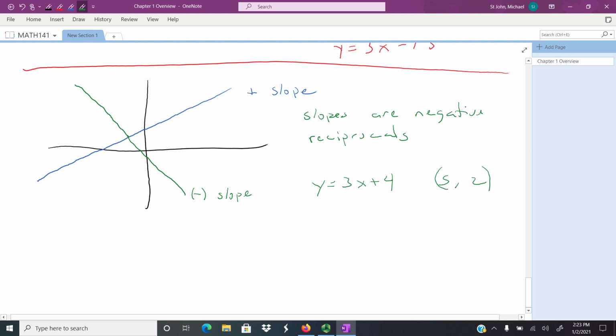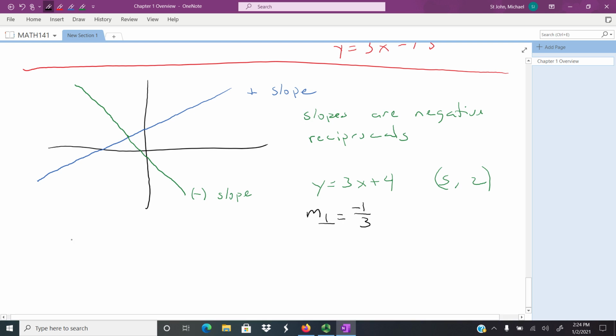The slope of my given line is 3, so the slope of my perpendicular line is going to be negative 1 over 3. Again, remember 3 is the same thing as 3 over 1. For the reciprocal part, I take my fraction, flip it over, and then change my sign.